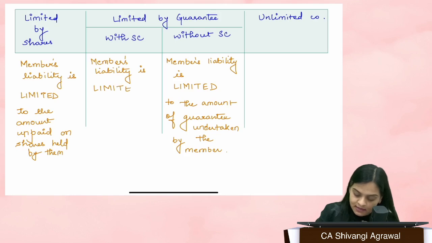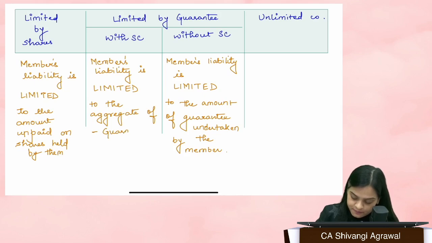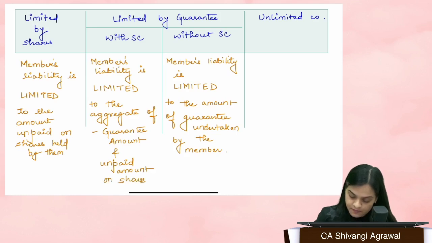Members liability is again limited in this case to the aggregate of guarantee amount and unpaid amount on shares. Right?